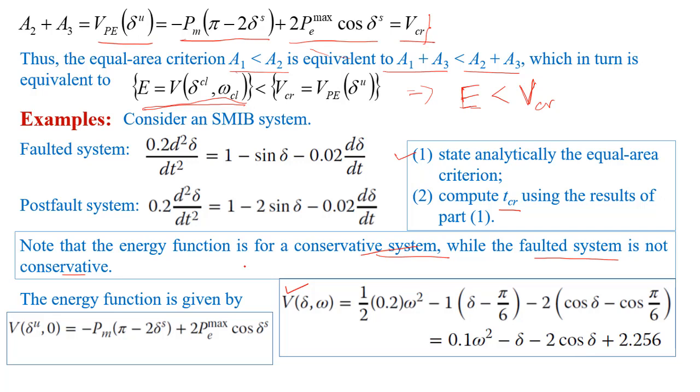Now, if I evaluate the critical energy of the system, V(δ_u, 0), I can write minus Pm (π minus 2δs) plus 2 Pmax cos δs. Just by substituting the value of δs, I'll get 1.374 as the critical energy.